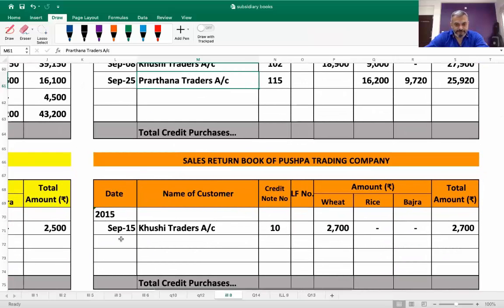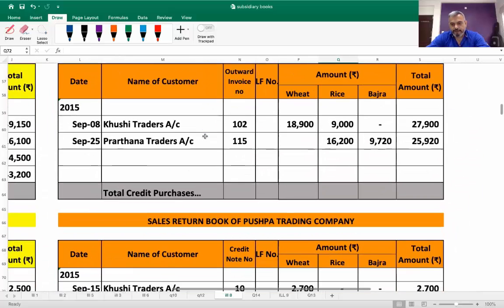So directly first we do half of the transaction done on 25th. So on 27th September, Prathana Traders, no credit note number given, directly half of the sales amount.